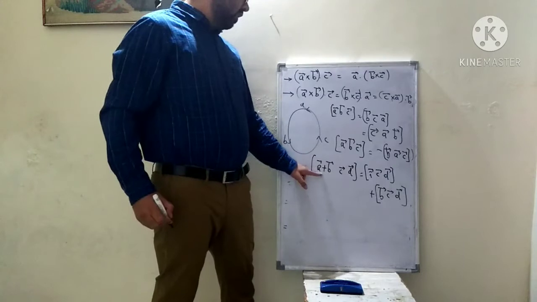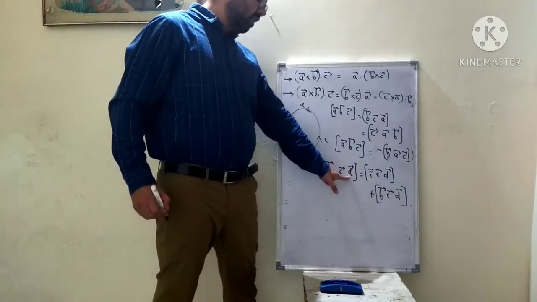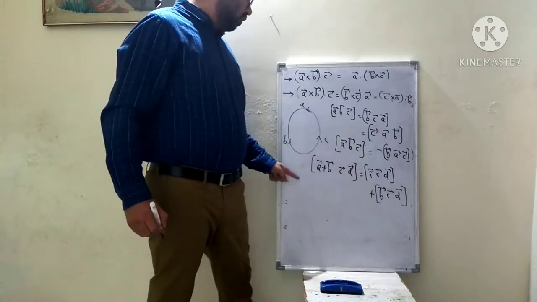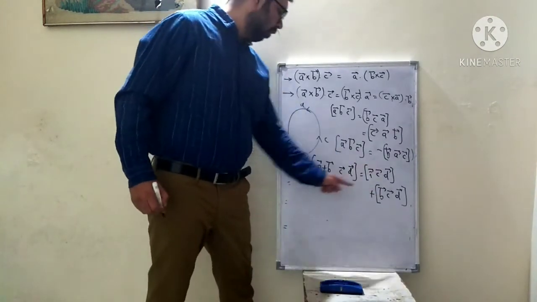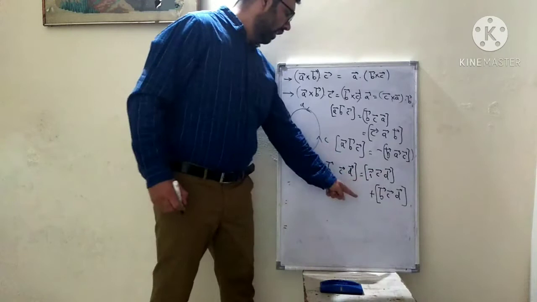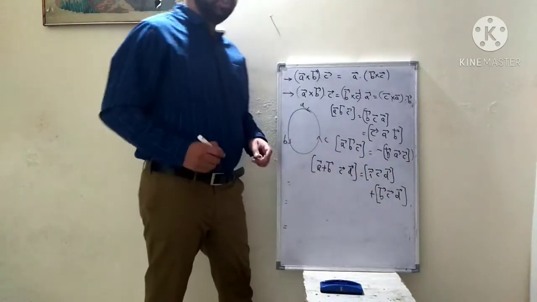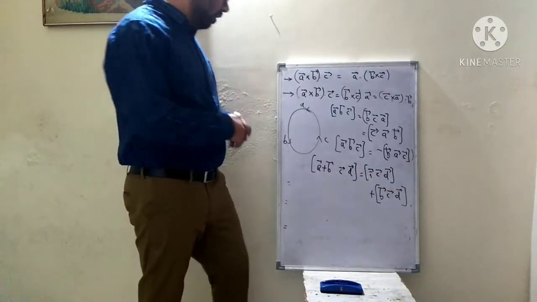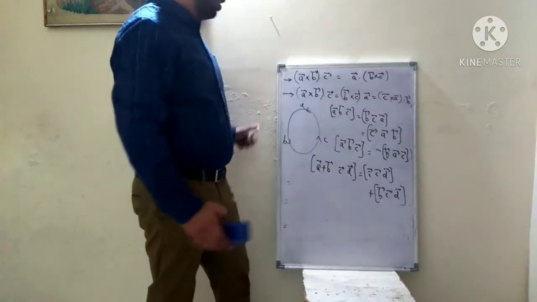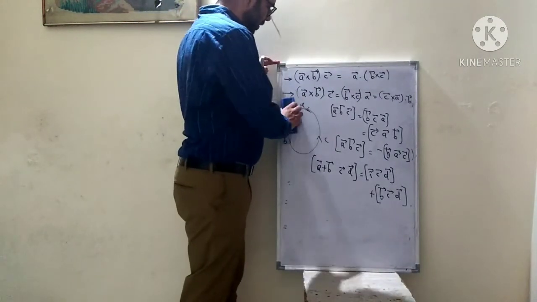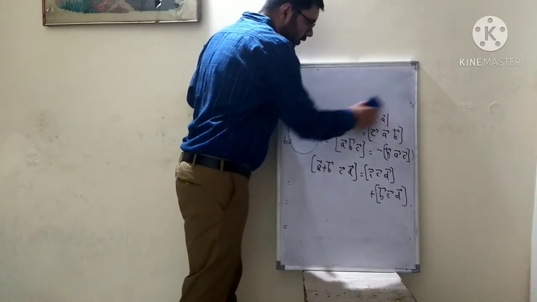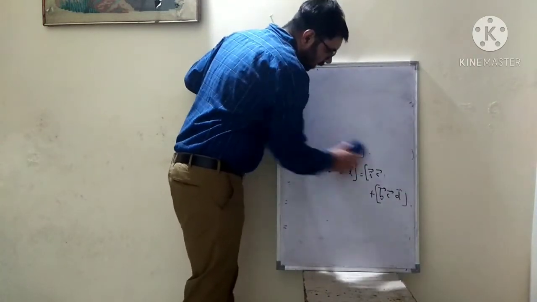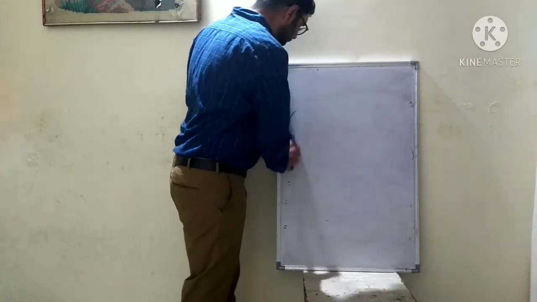If the first vector is a sum of 2 vectors, the second vector is C and the third vector is D, I can write this result as a sum of 2 box products: A, C, D and B, C, D. So this is also an important formula for scalar triple product or box product. Okay, so this was the theory related to scalar triple product.